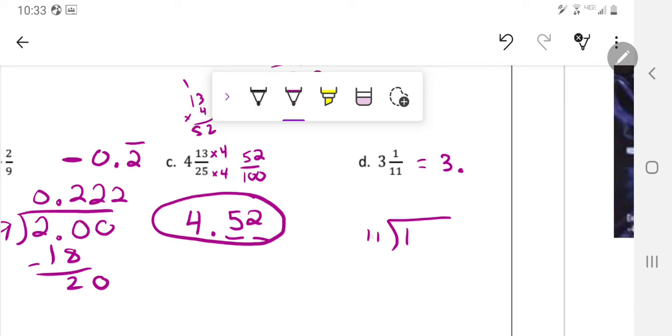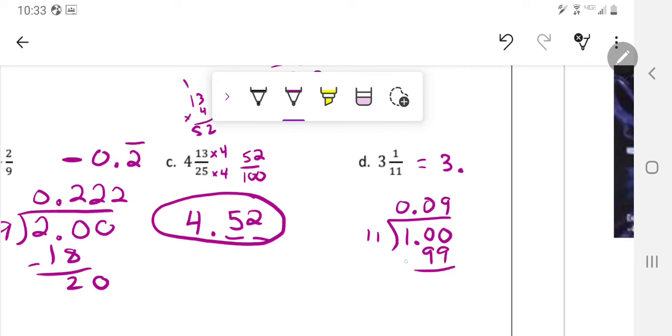We're going to put the denominator on the outside. It doesn't go into that. So we get 0, and does 11 go into 10? No, it doesn't. So now we're going to need another one. All right, and now we have 11 goes into 109 times. 9 times 11 is 99.